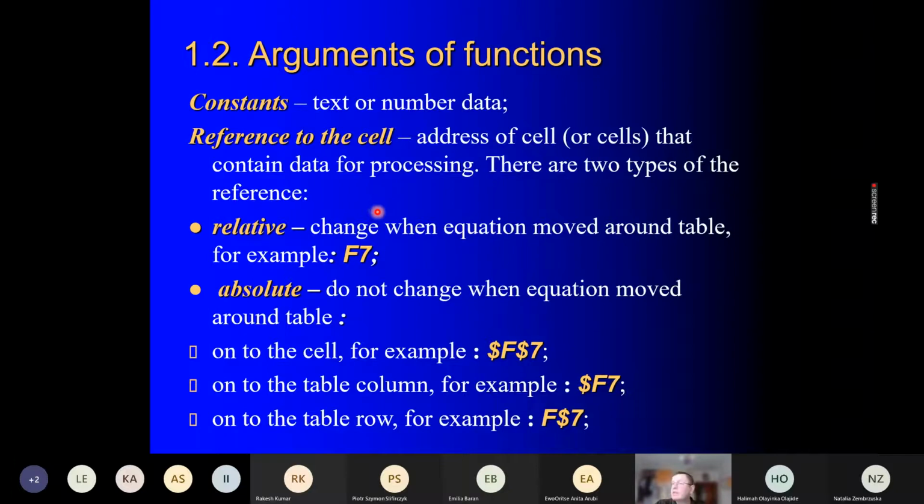But if you need to reuse your own constant multiple times, it's a fine idea to use an absolute reference, place the value somewhere within the worksheet or workbook, and then refer to it multiple times. So a direct constant is only for single usage. For a non-standard constant, because for example pi we have as a formula in Excel, but if it's your own non-standard constant, it's a fine idea to use an absolute reference.